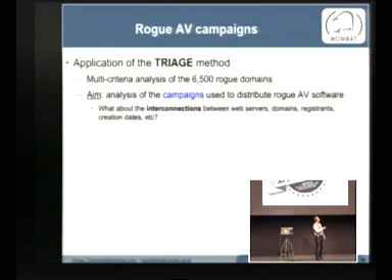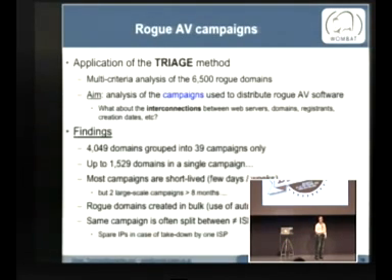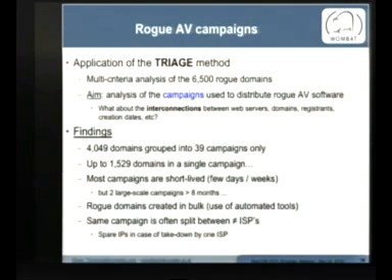And also to find what the connections are between the web servers where we find those rogue AV domains and the information that we have collected, like the registrants, the creation date, etc.